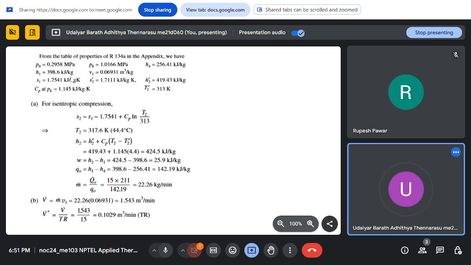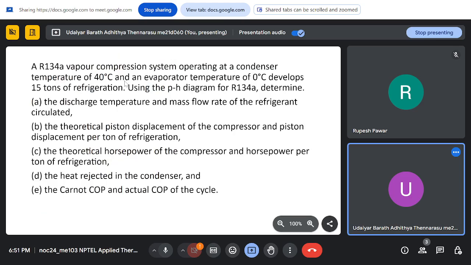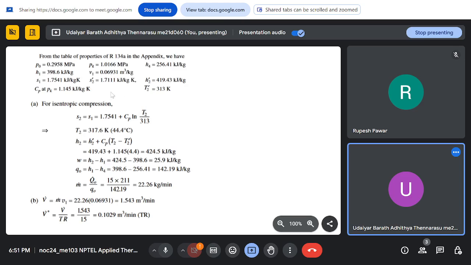So these are the inlet properties, and here the other properties are. H4 is your inlet to the evaporator, so that will be equal to the saturated liquid enthalpy, because your enthalpy is constant across your valve.